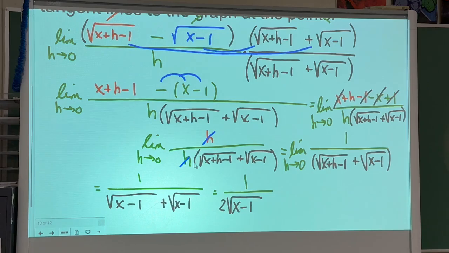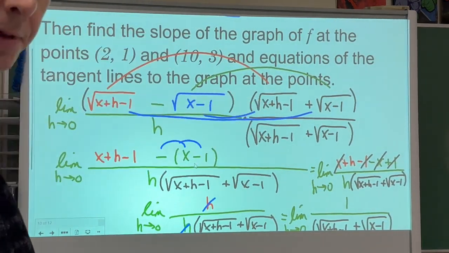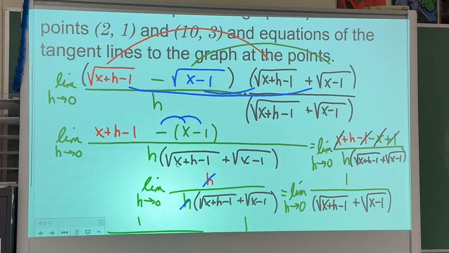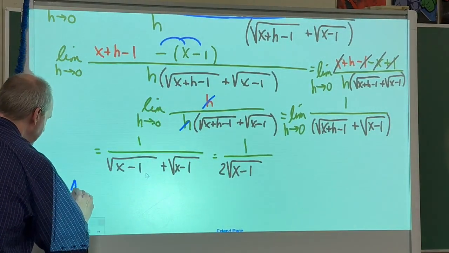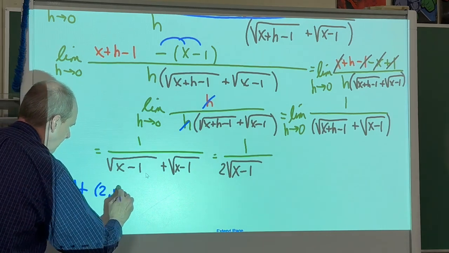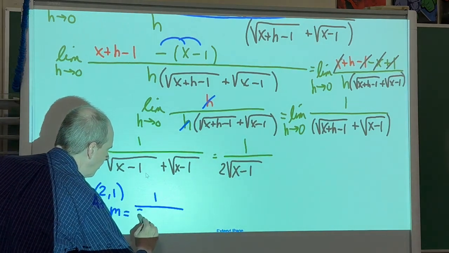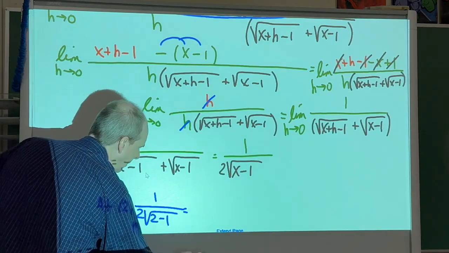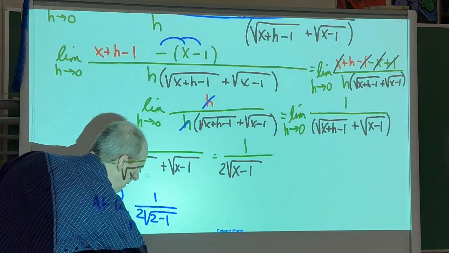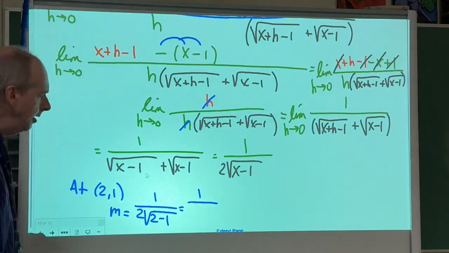There is the equation where you're going to start plugging in x's to find your slope at this point, slope at this point. Plugging in 2: 1 over 2 radical 2 minus 1. Square root of 2 minus 1 is 1.